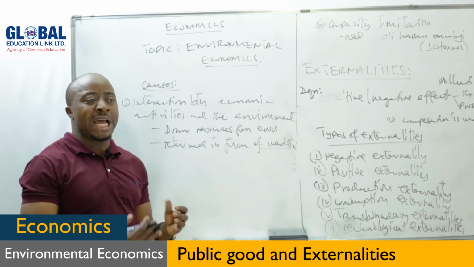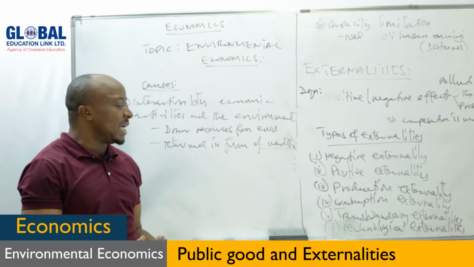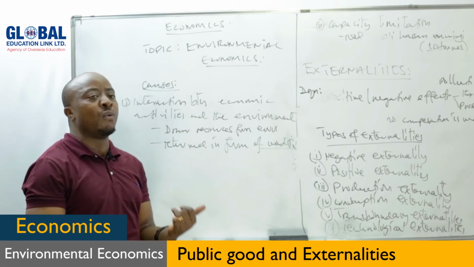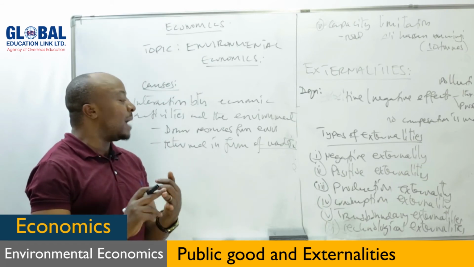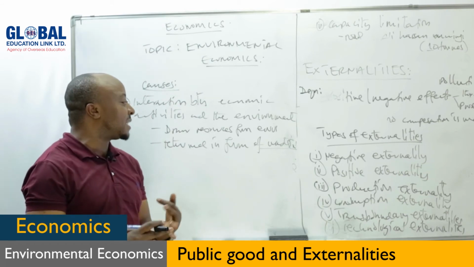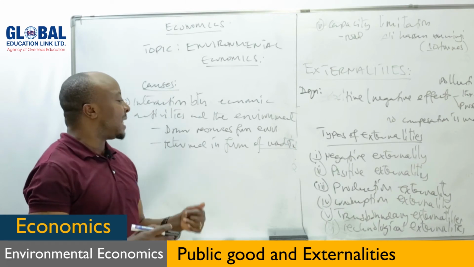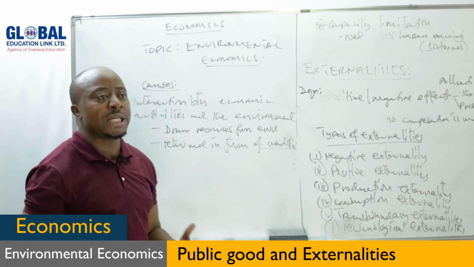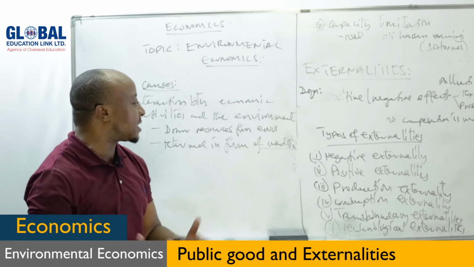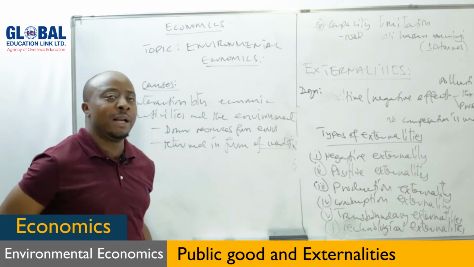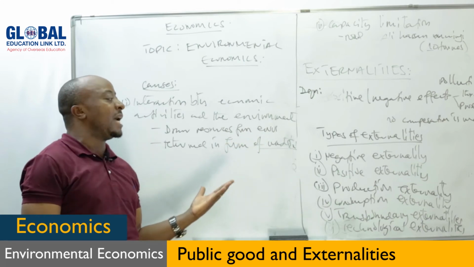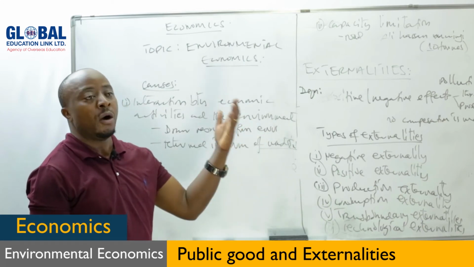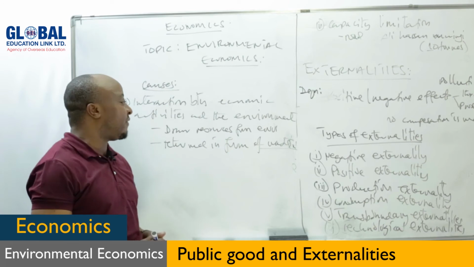For example, they are returned as polluted gases, as solid materials like empty cans and bottles, and also as dirty water. We take water from sources like rivers and oceans, and after using it, we pour it into the environment as dirty water. So they cause pollution, and pollution is the best example of negative externality. This is the first cause.